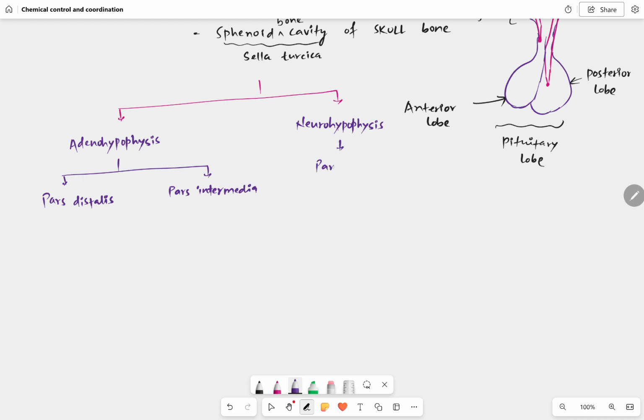The neurohypophysis is not divided further, and it is seen as the pars nervosa.